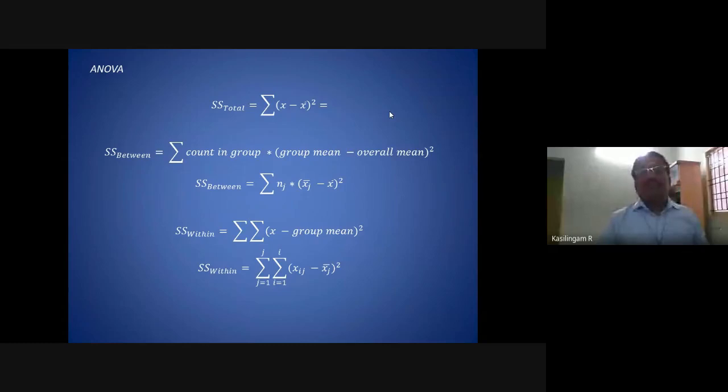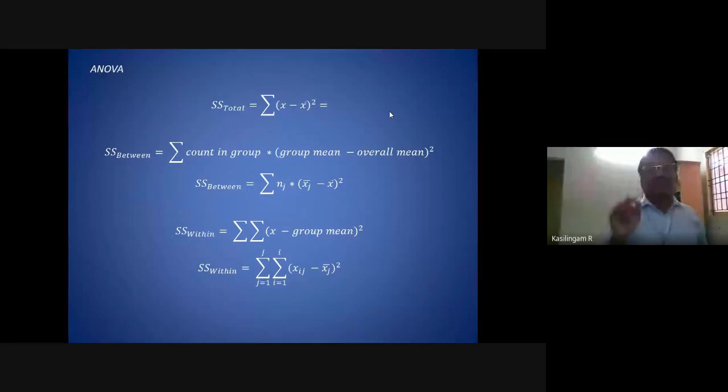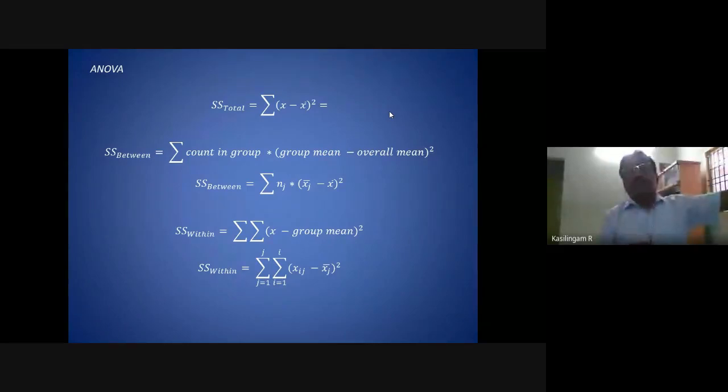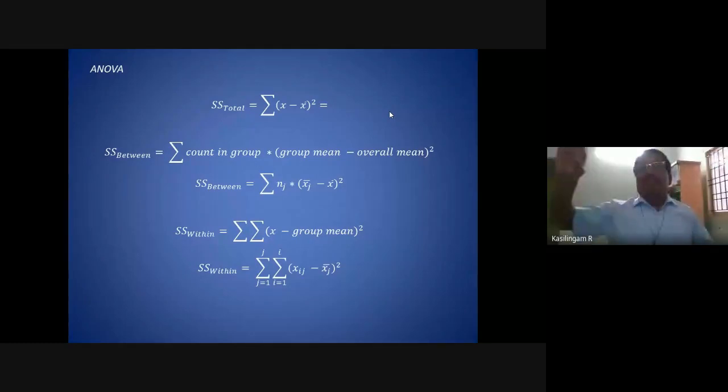Then what we have to do is, for every item, every item's X value will be there. For example, we have the first saving, the X value. Saving minus that group's mean, the group he belongs to, squared. Then like that, the second item, which group he belongs to, minus that group mean squared.